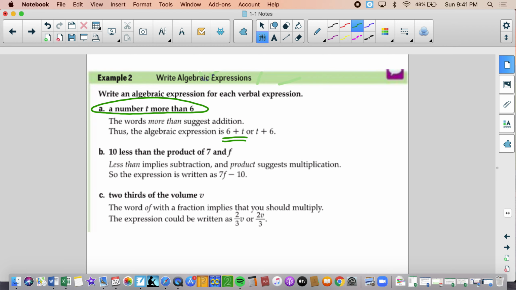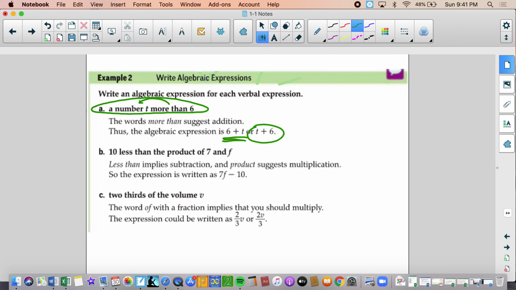I like this one best. You have to be careful with this. A number t more than 6. So we have 6, and then that more than goes to the number t. I will be lenient in the beginning about allowing that, but this is the correct one. The high school answer is going to be 6 plus t.